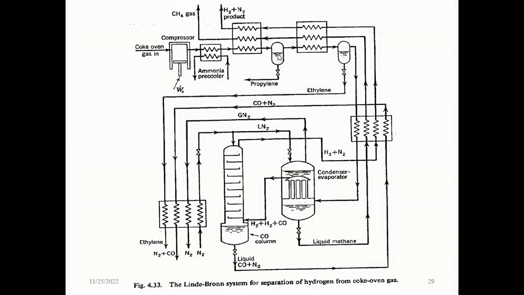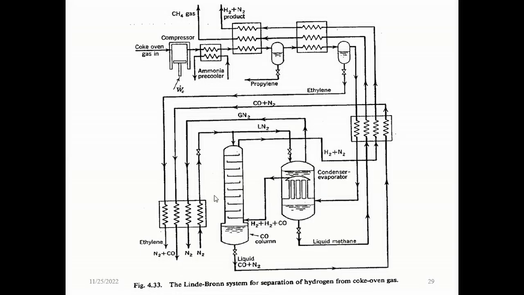Then there are a number of stages wherein you will remove propylene, ethylene, etc. Okay, and then there are columns wherein you separate the liquid carbon monoxide and nitrogen, and you will also be able to separate the various components. You will be able to get the hydrogen-nitrogen end product as a part of the total condensation-evaporative systems.